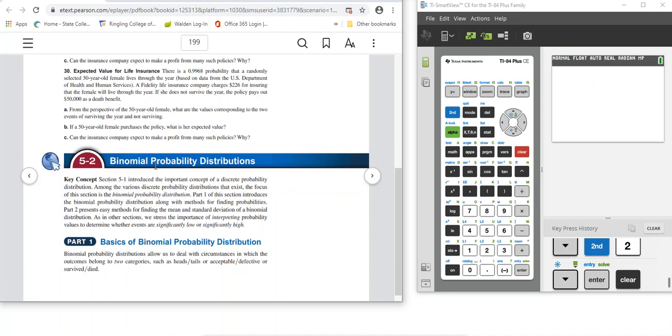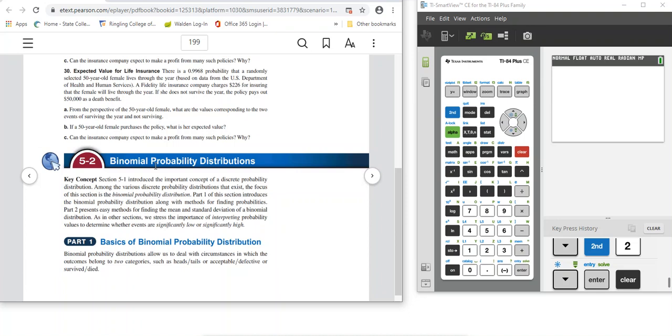Now, in this section, we have to remember that there are lots of different distributions. Just like in algebra, you have linear functions. That wasn't the only type of function. It was one of many. And it's the same with discrete distributions. There's lots of discrete distributions, and this one happens to be the most popular one, the binomial, and it's kind of the most flexible one.